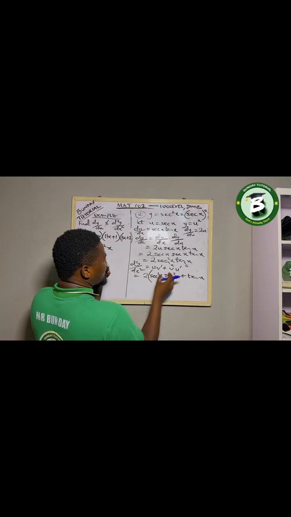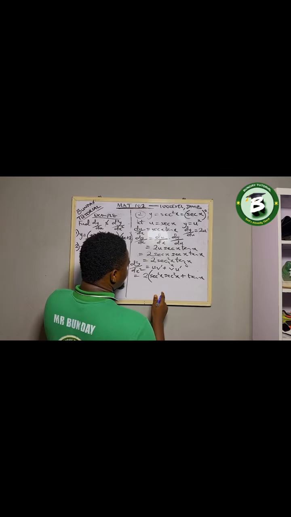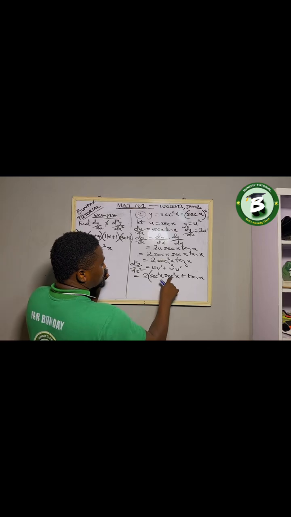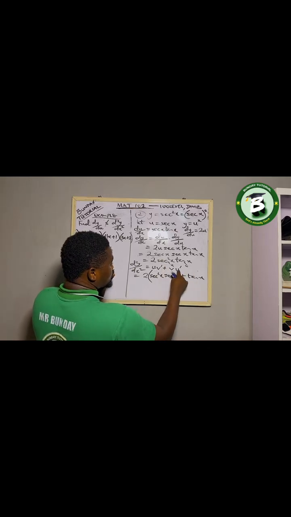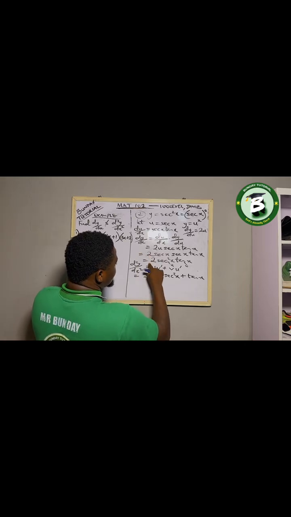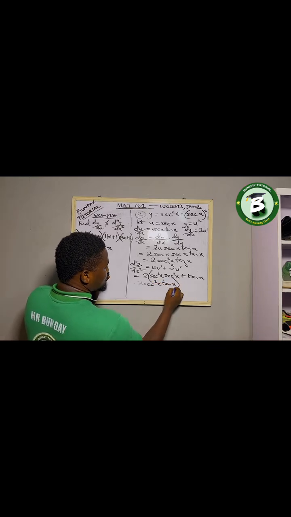Don't start naming another alphabet, so you won't have a rough result. Now all we need to do is just differentiate sec squared x, which is u prime, and we have already gotten the differentiation, so we just write it there, times 2 sec squared x tan x, then close bracket.